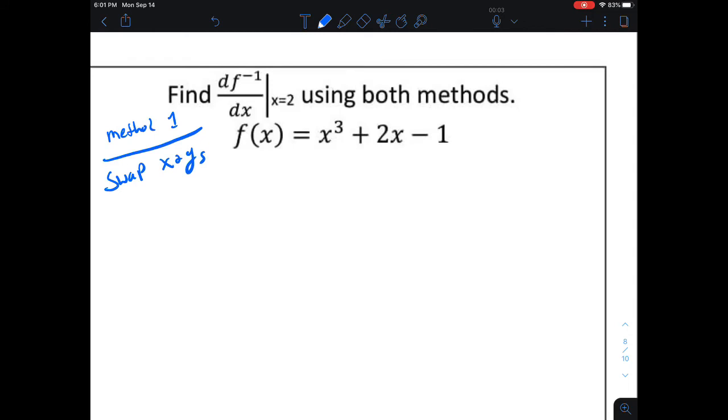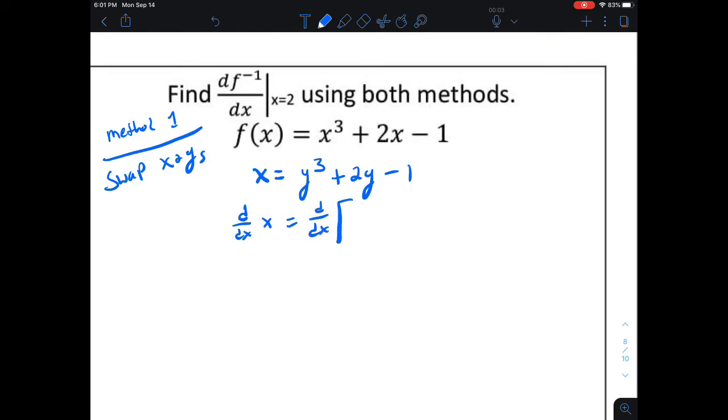So I would rewrite my equation as x equals y to the 3rd power plus 2y minus 1. And then we would take the derivative. So the derivative of both sides, derivative with respect to x of x, and the derivative with respect to x of y to the 3rd power plus 2y minus 1.